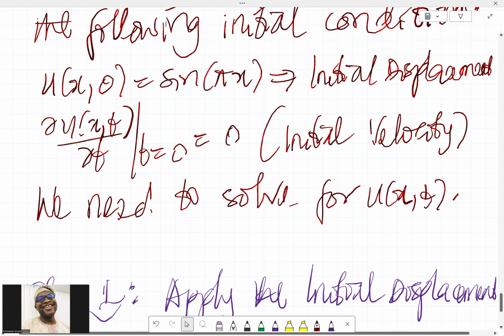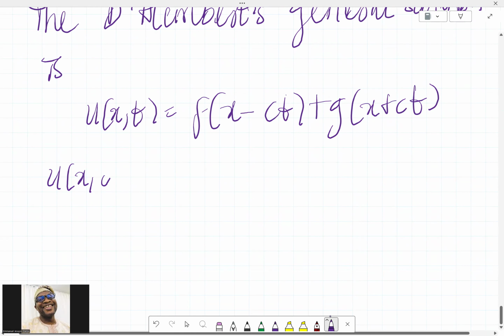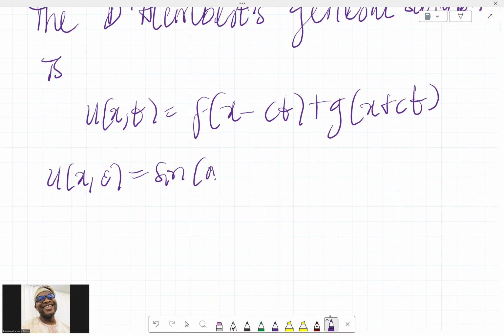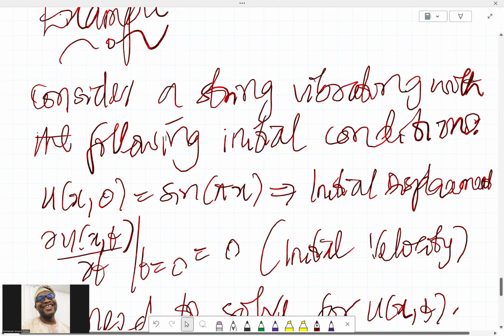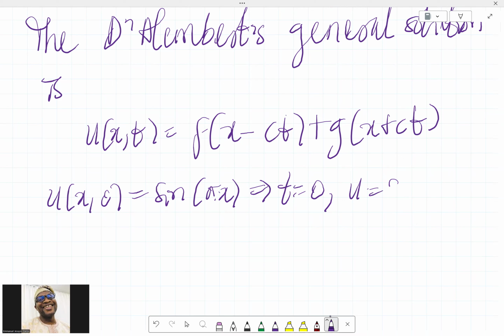So with that first initial condition, u of x, comma 0 equals sine pi x, it simply implies that t is 0 and u is sine pi x.